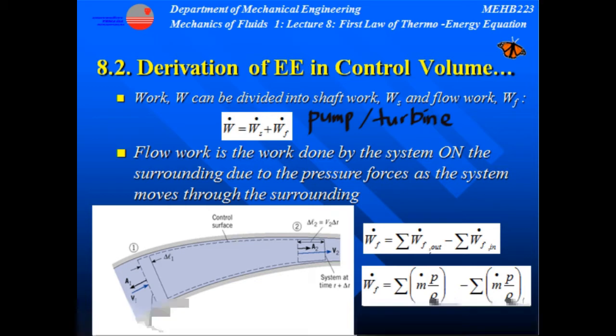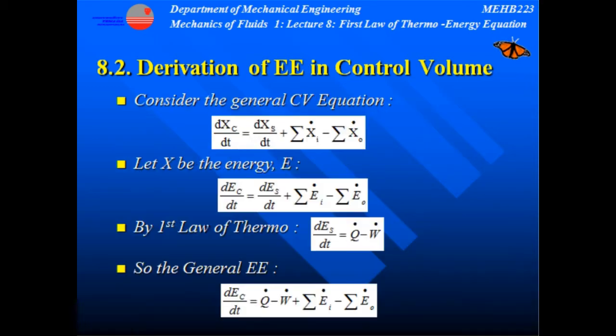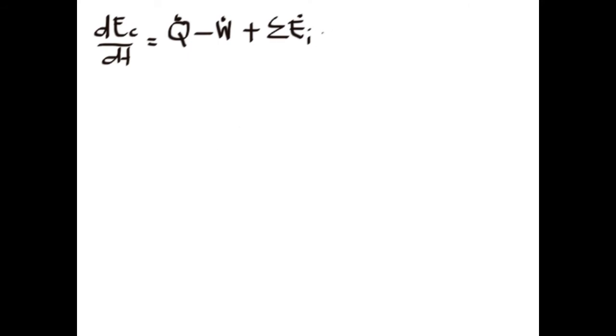So if I want to include all this into the general energy equation, let me write it first. dEc over dt equals Q dot minus W dot, equals energy in minus energy out.